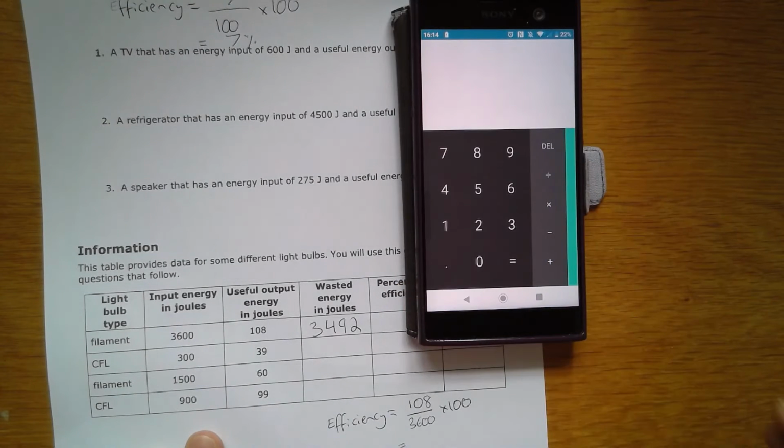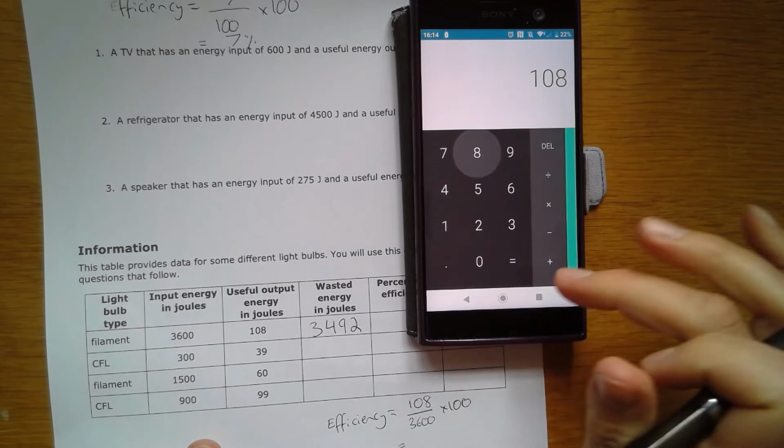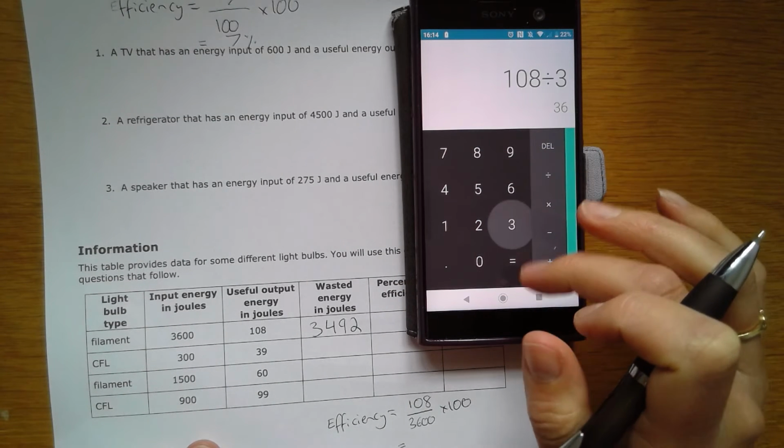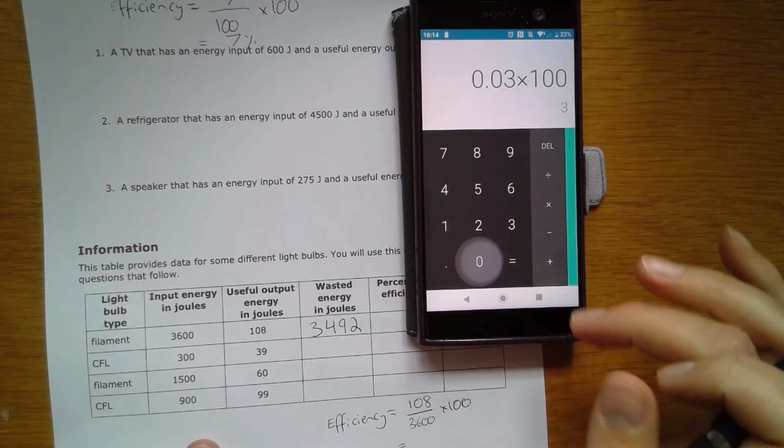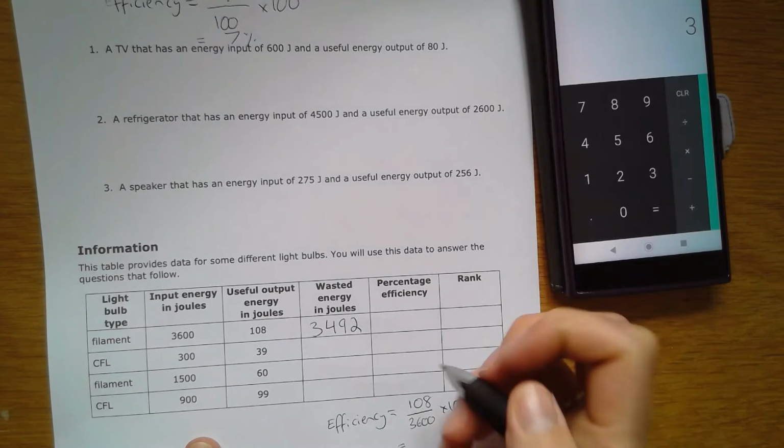And then use your calculator, 108 divided by 3,600 equals, and times by 100 equals 3.